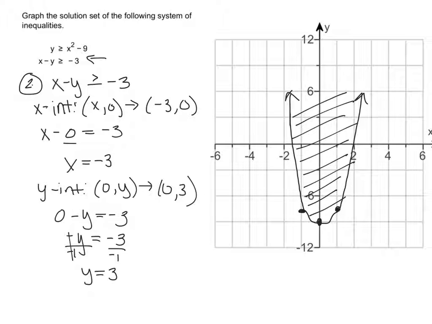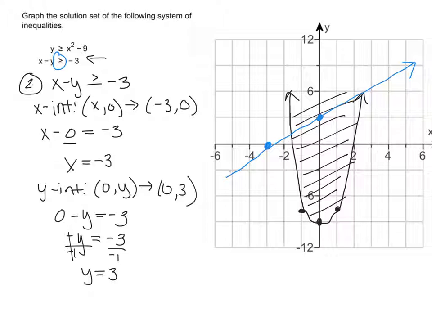We'll go to my graph and plot this on the same plane. So first I want to graph negative 3, 0, which is here, and then I'll plot 0, 3, which is here. And if we look at our inequality sign, I have a line underneath my sign, so I'm going to graph this with a solid line.